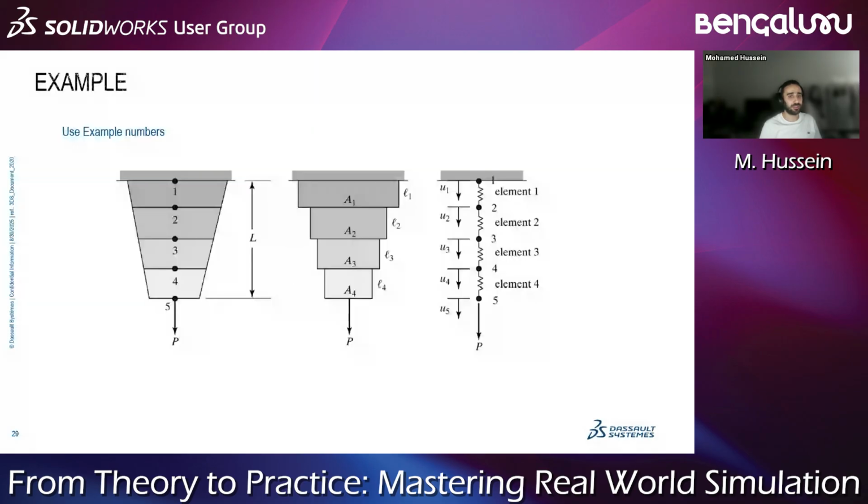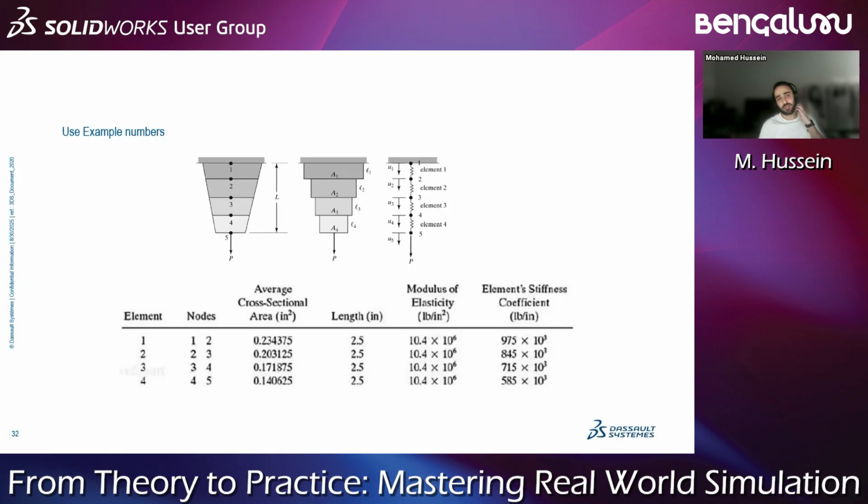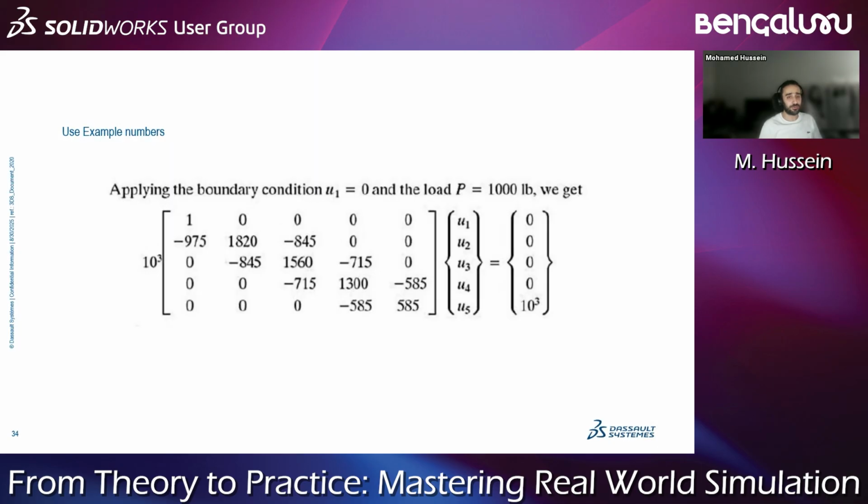You can see here that I decided to use only 4 elements, so here is my assumption. I will get the numbers for each area, A1, A2, A3, A4, A5, and I will redraw it right here until I have this matrix. This is the stiffness matrix, and I will solve them together.